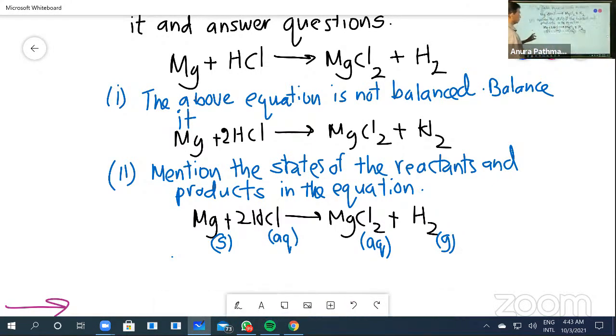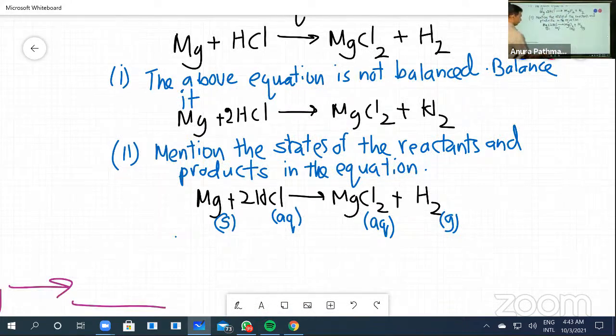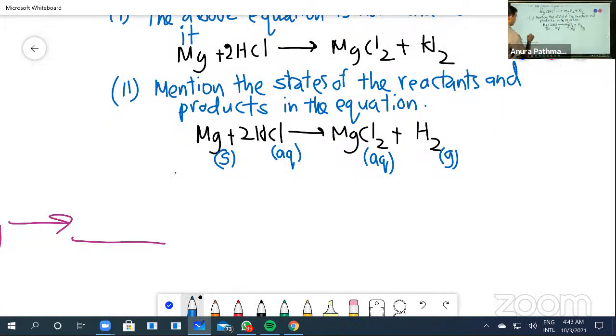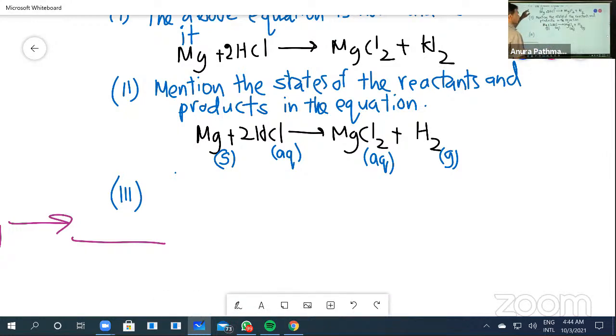Okay, my next question. Moving to the third one. That's the application of what we have been learning right now from 4 o'clock in the morning. Look here.